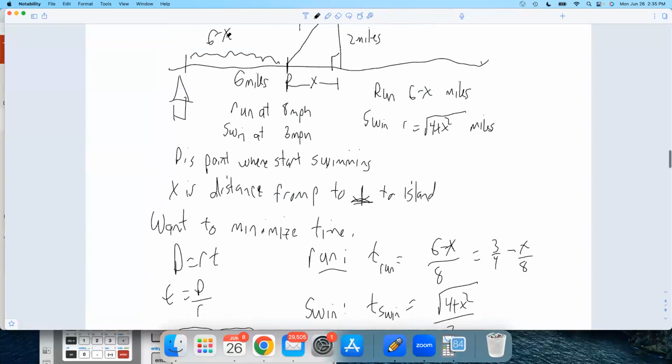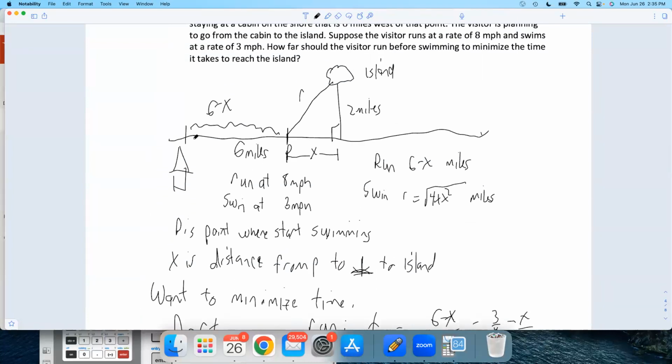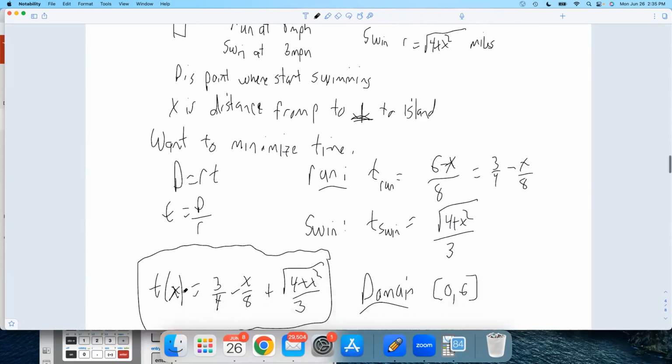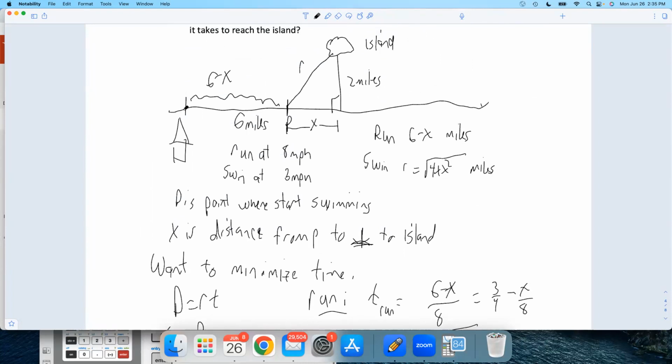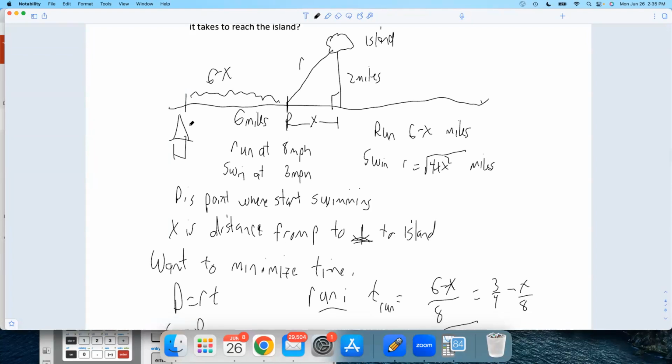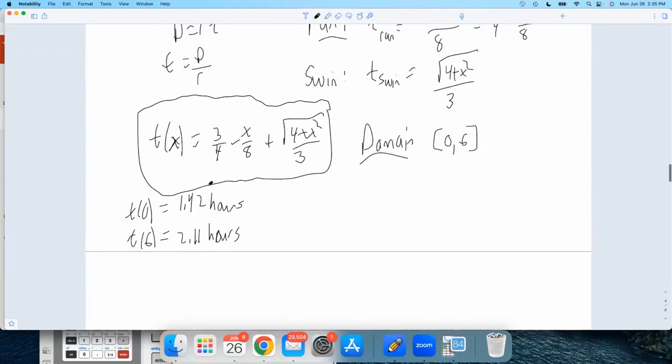So T of 0 would mean you run all the way down the beach, x is 0, and then you swim this 2 miles. T of 6, this other one, would mean that you just swim the entire way. That's what your time would be. There's going to be a smaller value someplace in the middle.